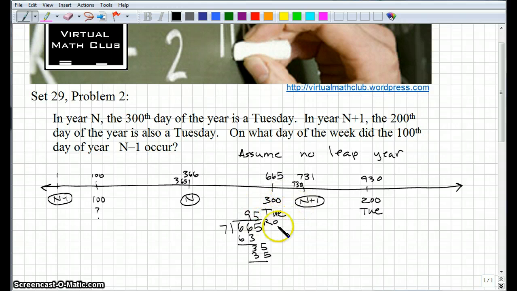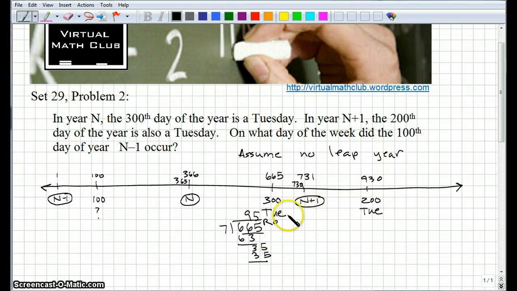Because when we divide numbers by 7, the remainders will also cycle, right? They'll cycle from 0 up to 6 and then go back to 0 again as the number we're dividing gets bigger.